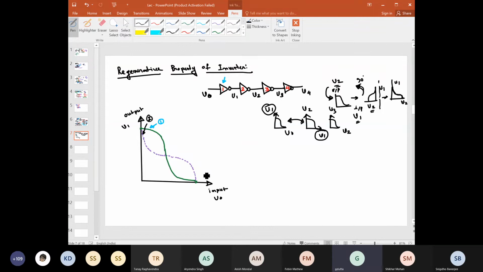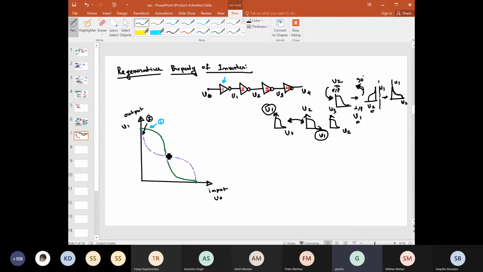Now we have applied one voltage, V0, to this first inverter. Suppose this V0 can have any value. We are guessing that maybe this is the switching threshold for the first inverter and also the second inverter, because they have to intersect at the same threshold, right?